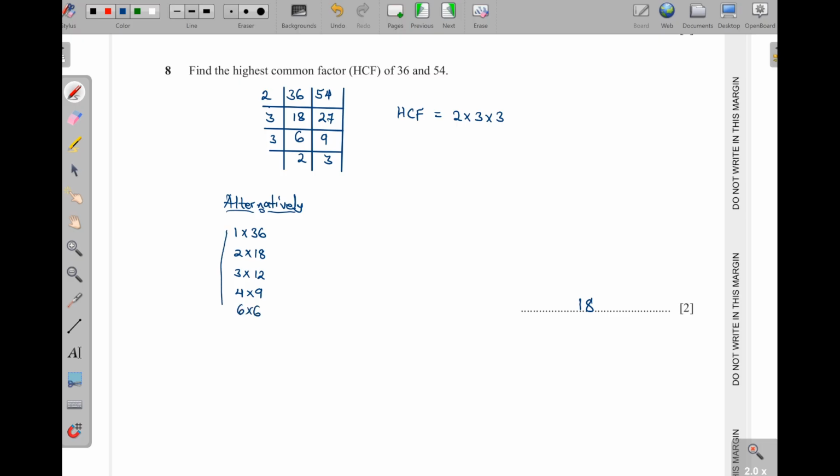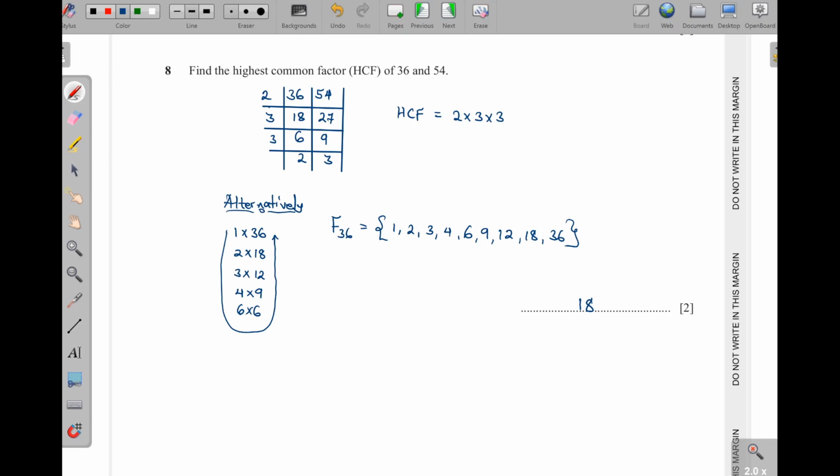That means when I'm writing the factors, I move like that. So factors of 36 will therefore be equal to, we have 1, 2, we have 3, we have 4, we have 6. Now this one is a square number, so you have 6 times 6. You don't write 6 and then 6 here. No, you just write 6. Okay. Then we have 9. When you go up, then we have 12, then we have 18, and then 36.